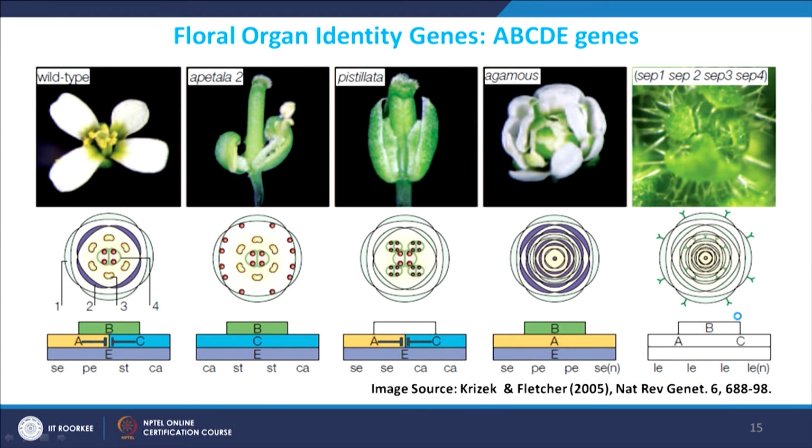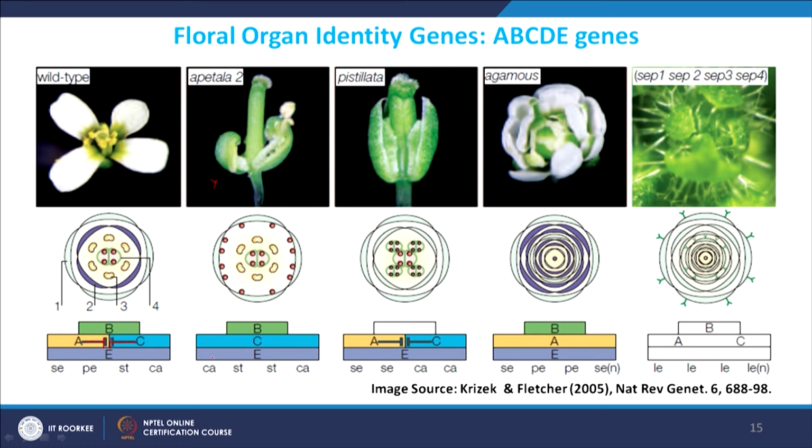And you can see here what happens if you have a mutant in this. This is the wild type pattern. Another important thing is that A restricts the domain of C, and they are mutually antagonistic, so they restrict each other's domain. If you have an A class mutant, the restriction of C disappears and C can continue expressing here.